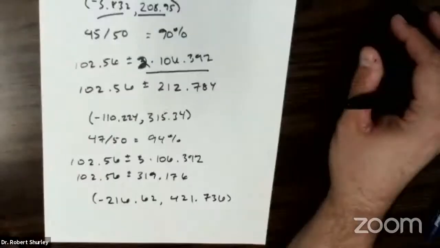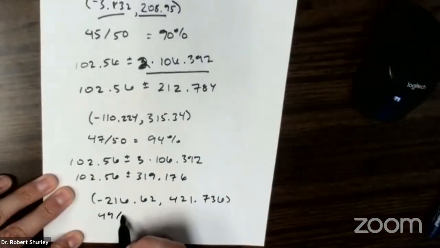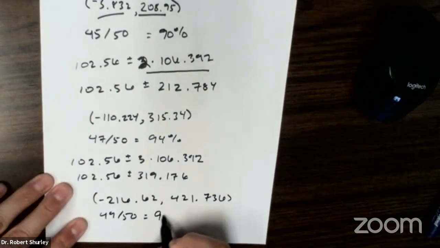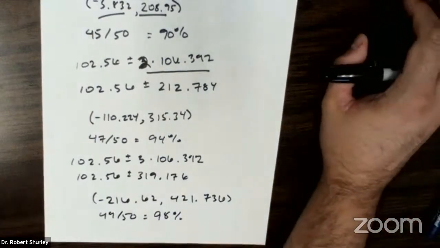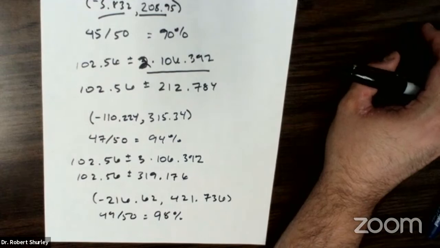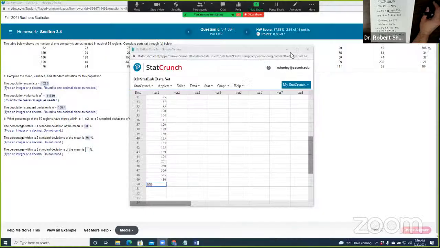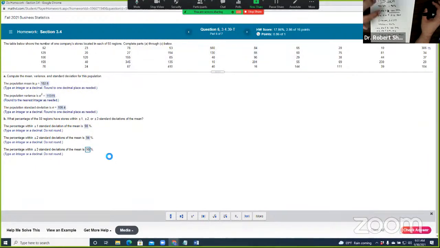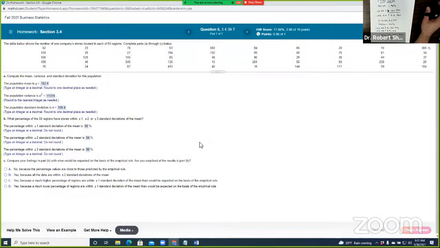Okay, so if we stop the share here, 49 out of 50 are in our interval. I think that's 98%. Let's see, 49 divided by 50. Yeah, 98%. Okay, so if I go back, share the screen here, I would get 98%. Great.